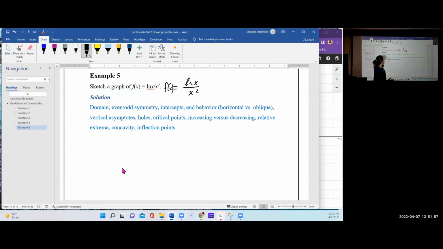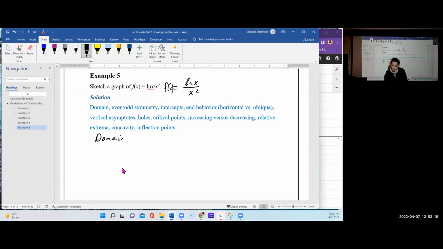So we want to start with the domain, which of course is all the things that it cannot be. We have two considerations. We have the denominator cannot be 0, so we're going to have to toss out 0. But we also have that the natural log's argument, which is x, has to be strictly positive. So we have two conditions we have to think about here for the domain.